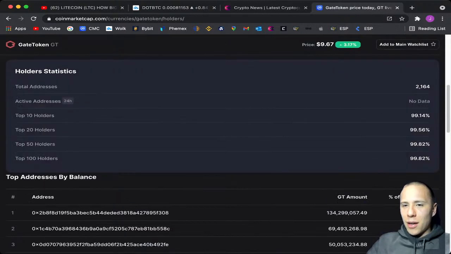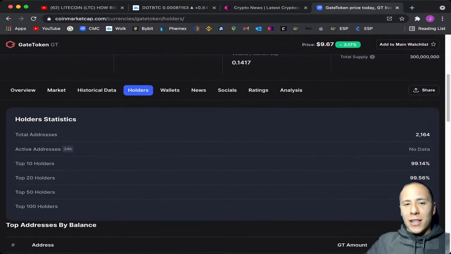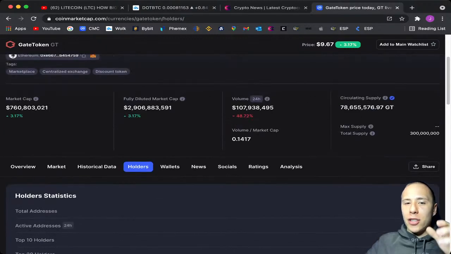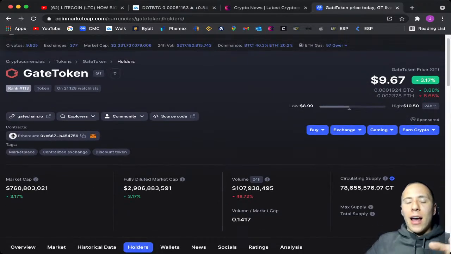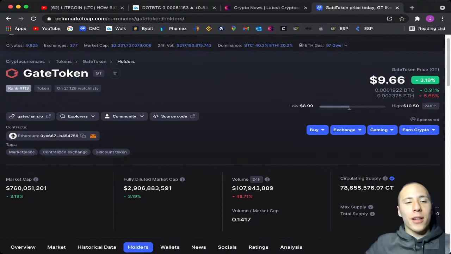So that is something I would like to know why, and I would really like to know how it is actually divided, if there is one main holder that has a lot of the supply, or if it is divided among all these holders equally, or not equally, but less concentrated in just one particular wallet or just several wallets, because you don't want a coin where someone has a lot of power.